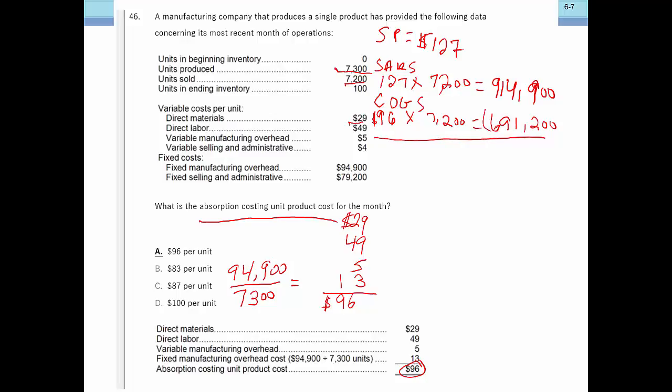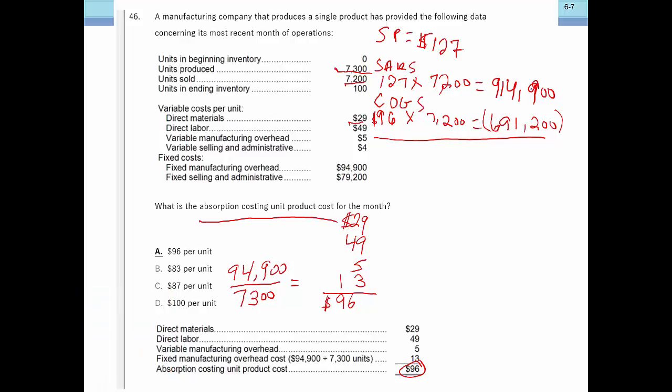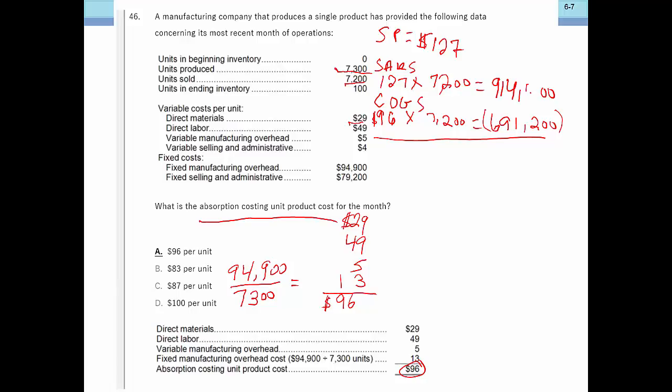So my sales minus my cost of goods sold should give me my gross profit. $914,400 minus $691,200, and that gives me a gross profit of $223,200.